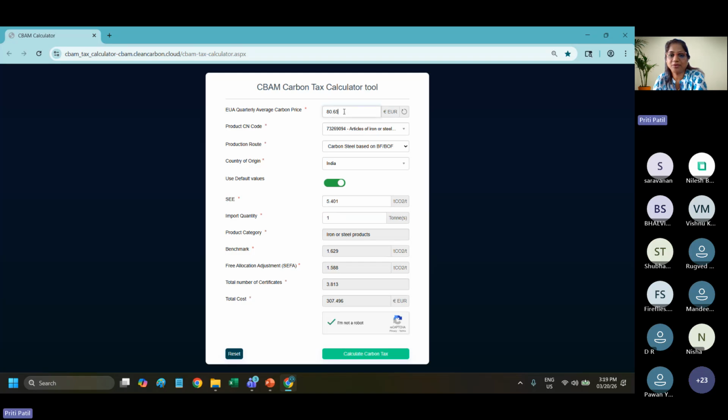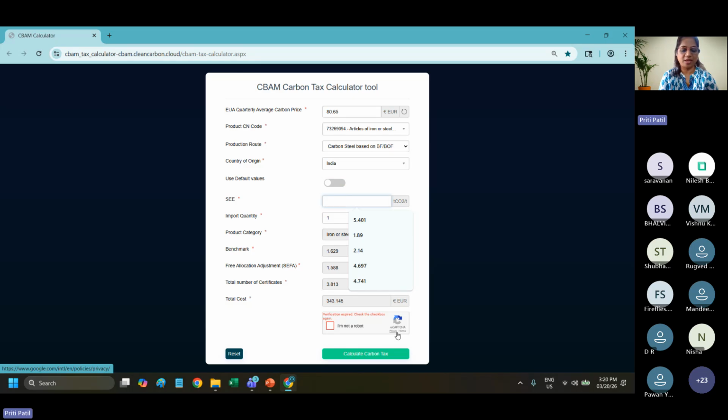Then you can change it here also. If tomorrow it increases to 90, what happens in that case? Your cost increases this way. Again, we can try another thing: let's not use default values. Let's use the actual value.